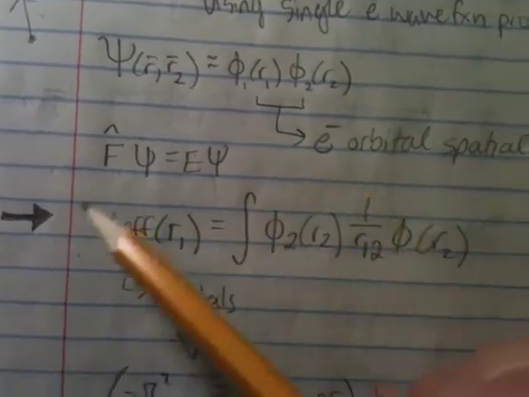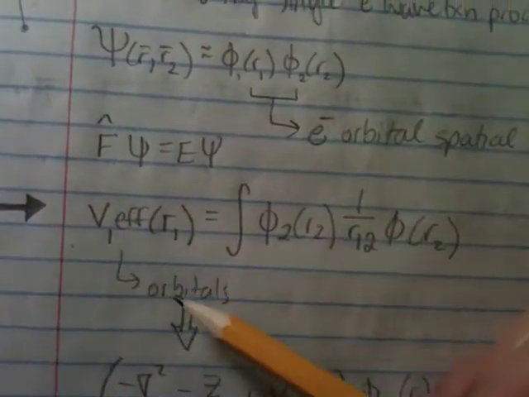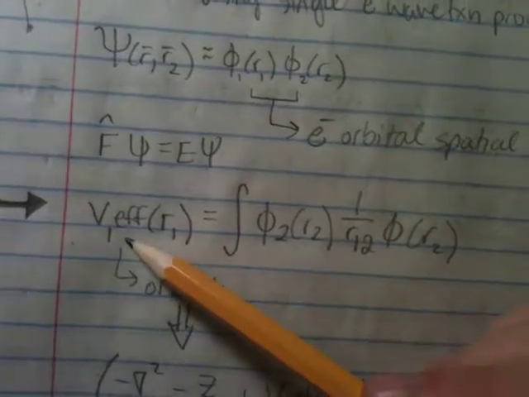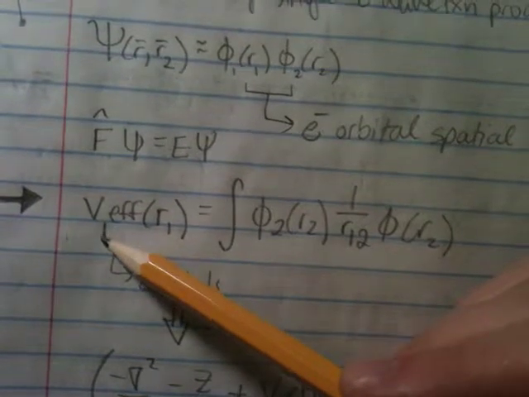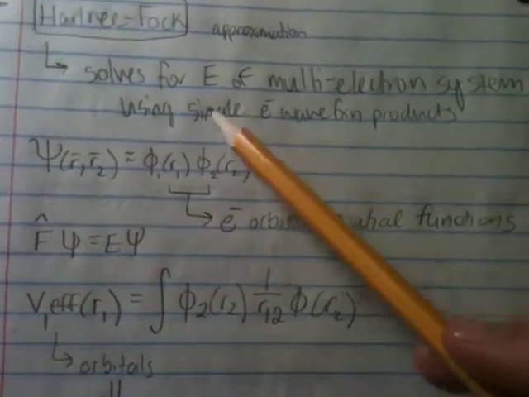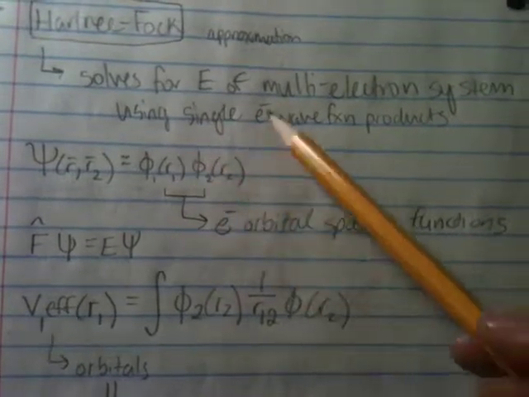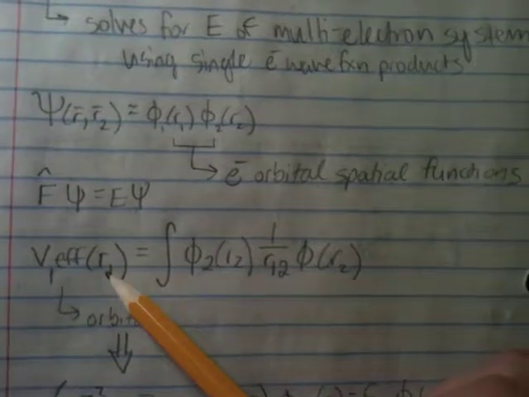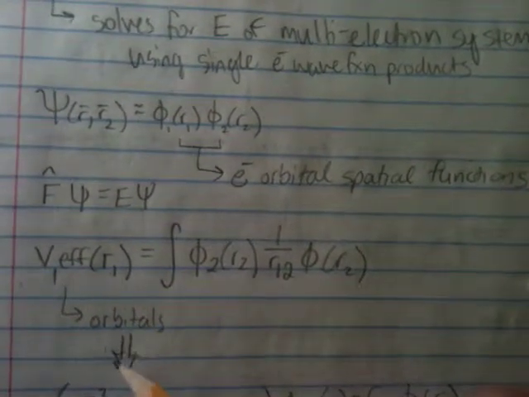Hartree-Fock uses an effective potential, which describes your orbitals. This effective potential is going to be what you sum up to solve for the energy of a multi-electron system. You will be finding the interactions between all the electrons.